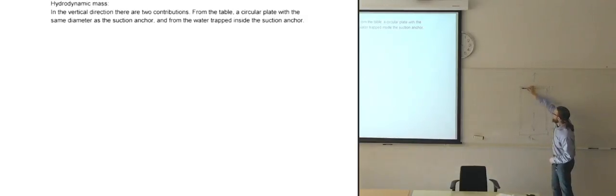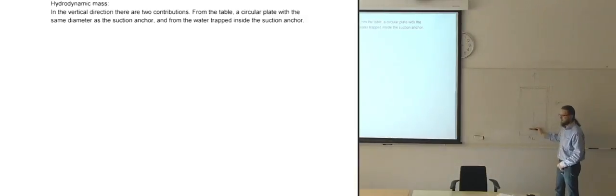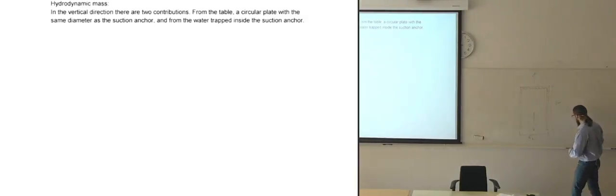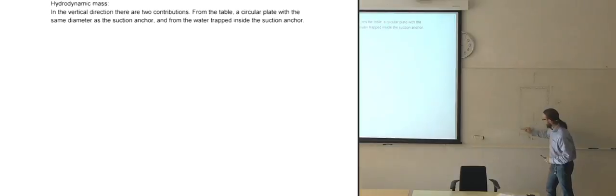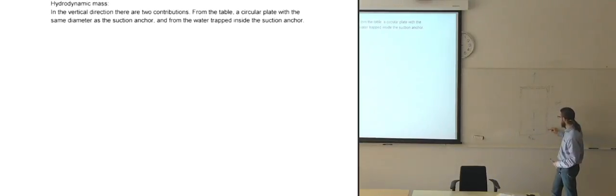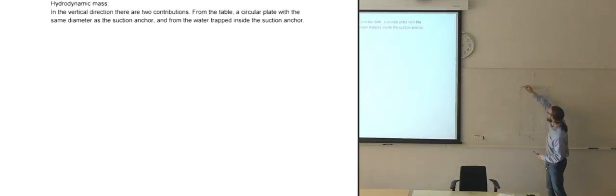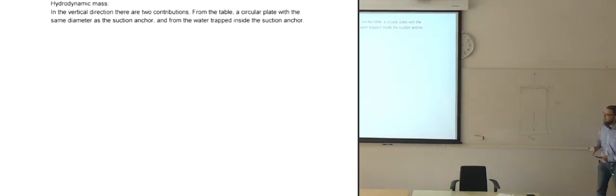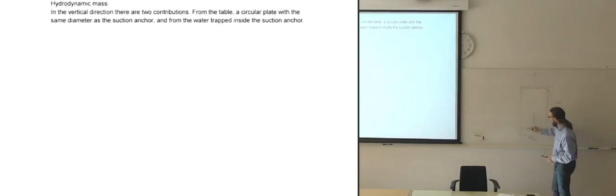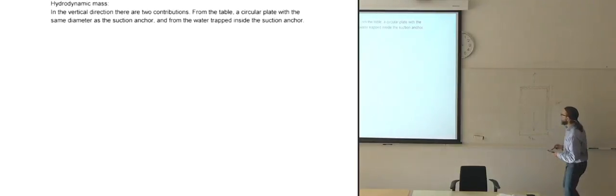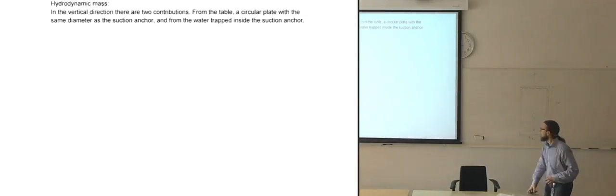So whether or not this plate is at the top or at this end, we are still going to get the same half sphere of added mass on both sides. Because the water that is inside is going to be trapped in here anyway. So that water is just stuck there. It's not going to be replaced by new water as we are moving it downwards.